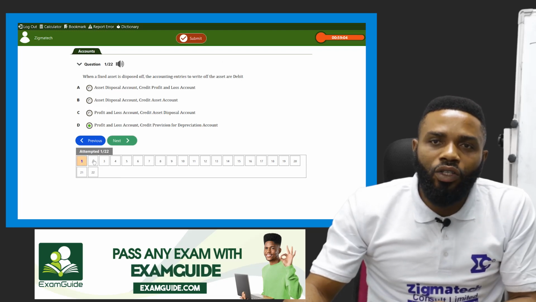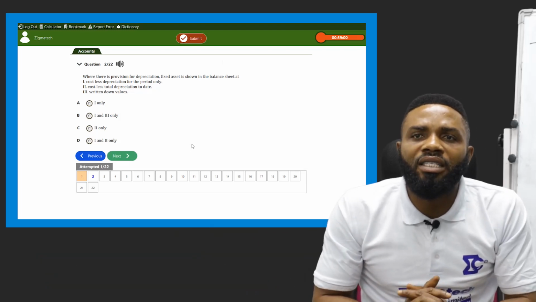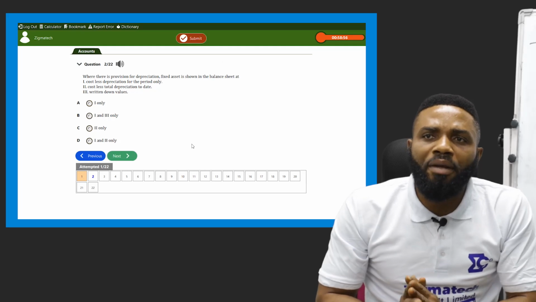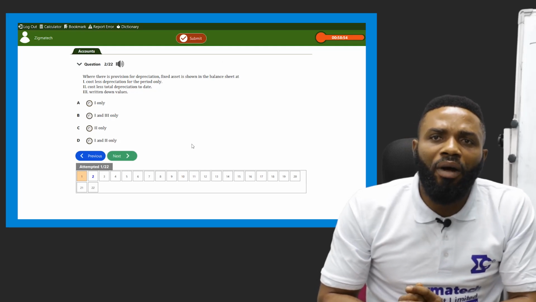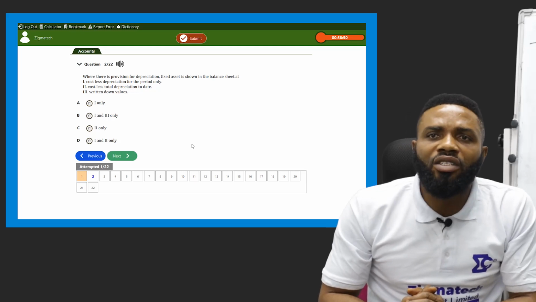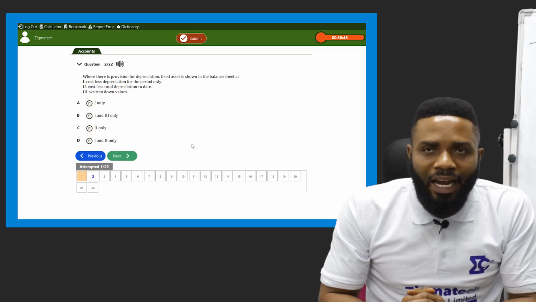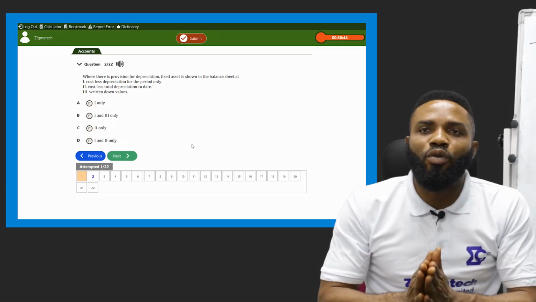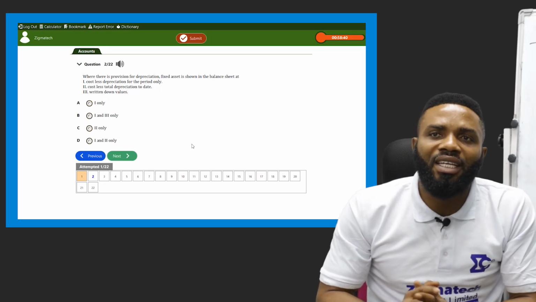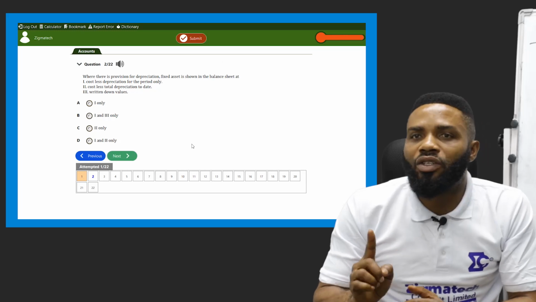And then the second question. They say when there is provision for depreciation, the fixed asset is shown in the balance sheet at: 1, cost less depreciation for the period only; 2, cost less total depreciation to date; 3, written down values. Cost less depreciation for the period only, that's not it.